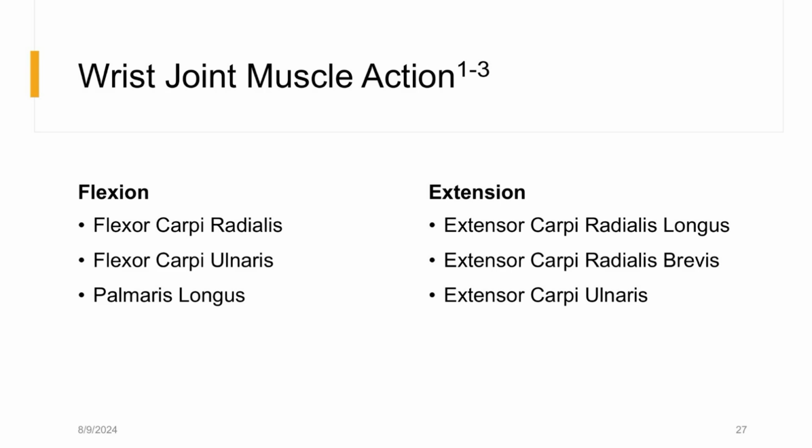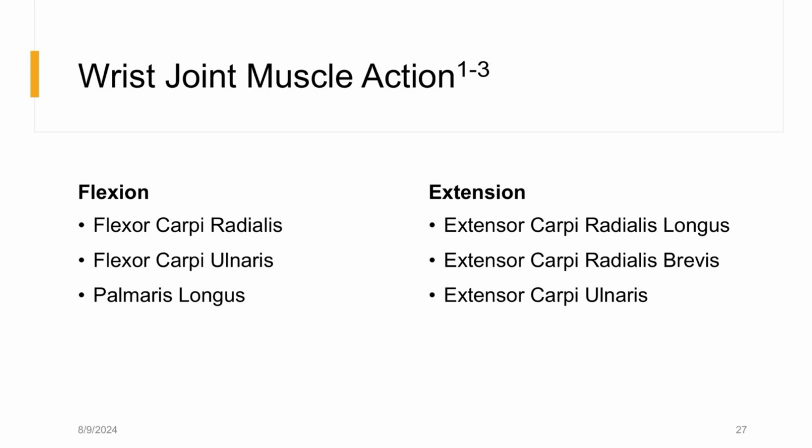You can see those differences when you dissect your cadavers. With extension, the extensor carpi radialis longus, extensor carpi radialis brevis, and also the extensor carpi ulnaris act together to perform extension. So all these muscles concentrically contract to perform these motions.